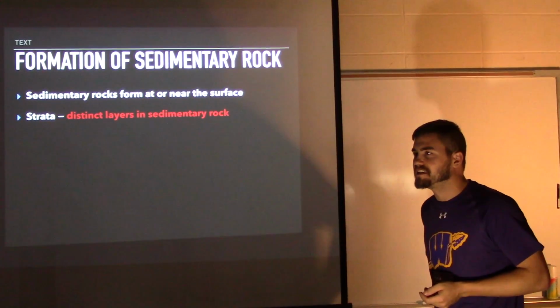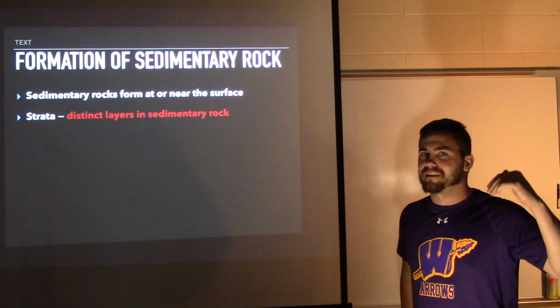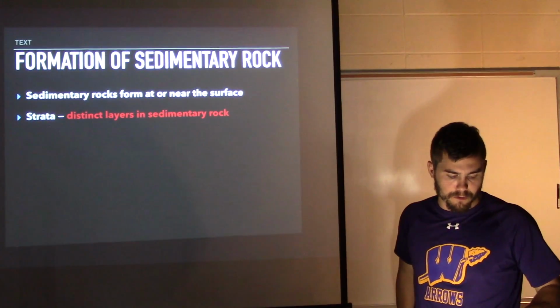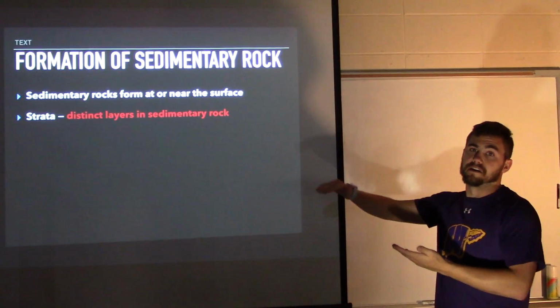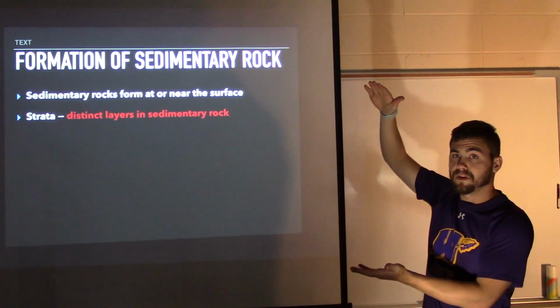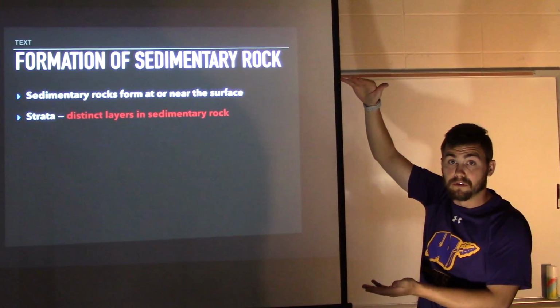And sedimentary rocks, technically they form kind of below the surface, but they form really on the surface, so we say they're surface-forming rocks. Now, as this process goes on continuously, there are places such as the Grand Canyon. Not all of the Grand Canyon is sedimentary rock, but I believe most of it is.